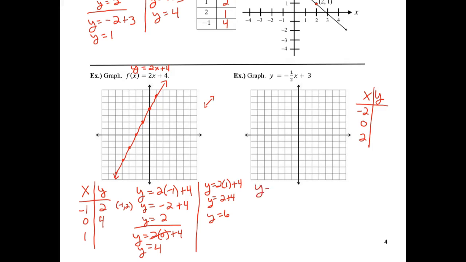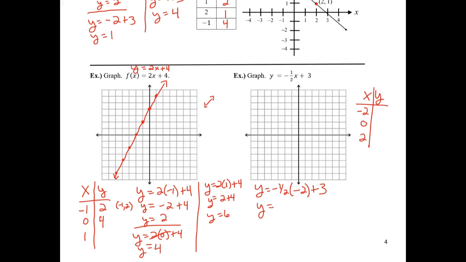So first I'm going to plug in negative 2 for x. So everything else in the equation stays the same. Y, I'm trying to solve for, negative 1/2 multiplied by negative 2 plus 3. A negative times a negative is going to end up positive.